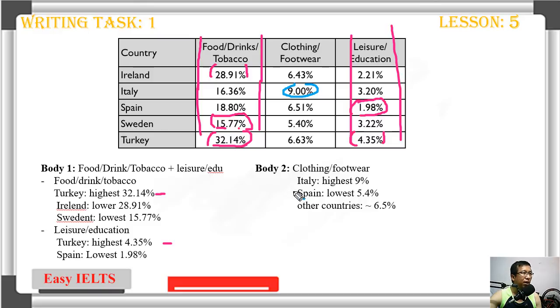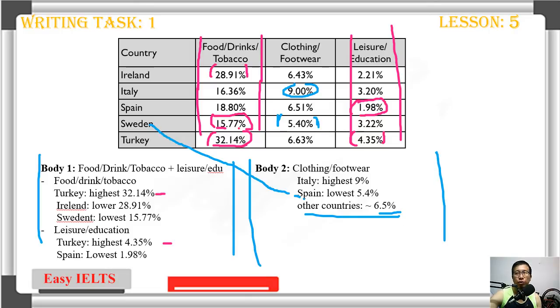I'm sorry about that, it has to be Sweden. And for the other countries, you can say about 6.5, about 6.5, about 6.5. So you can say that the other countries spend about 6.5% on clothing and footwear. Okay, this is the body 1, body 2.